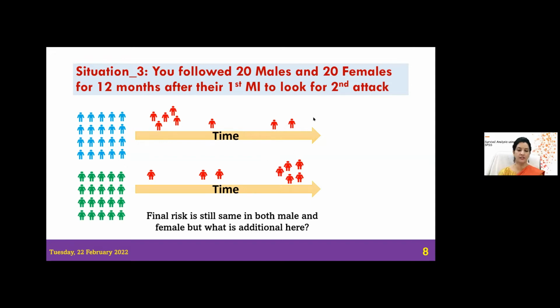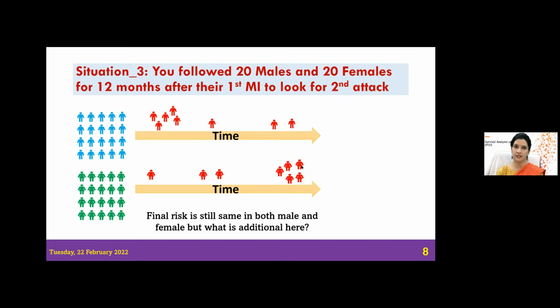Yes, very right. So in this case, you can see that maybe the final risk is the same in both men and women, or both male and female. But in the case of men, the recurrence happened in the earlier part of the time. If you divide it into 3 sections, this would be the first 4 months. Whereas in the case of women, out of these 8 attacks, 5 occurred during the later part.